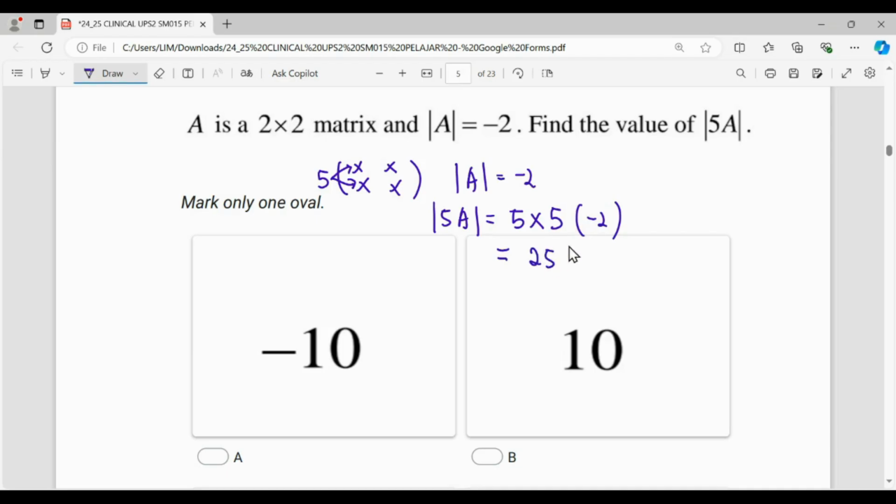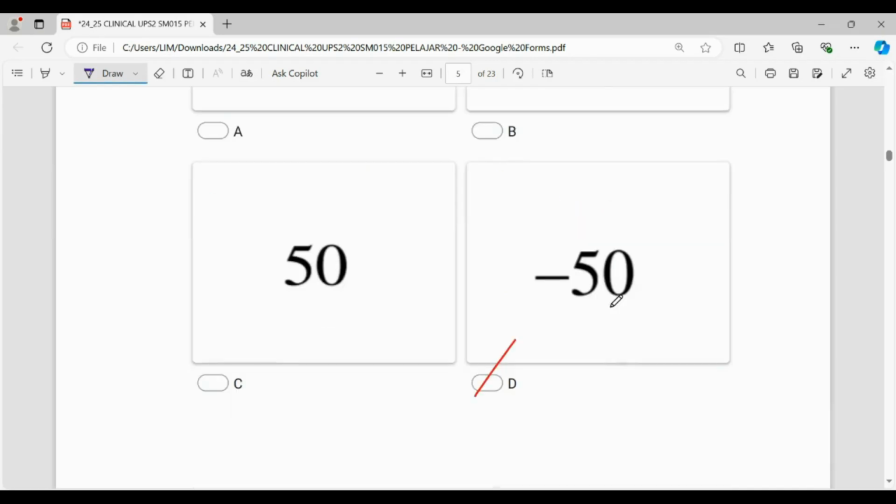So it will be 25 times negative 2, which gives us negative 50. Every time we have a multiplier on an entire row, our determinant will also be multiplied by that constant. You have 2 rows, so we need to multiply 2 times: 5 for the first row, another 5 for the second row. So here we have this option.